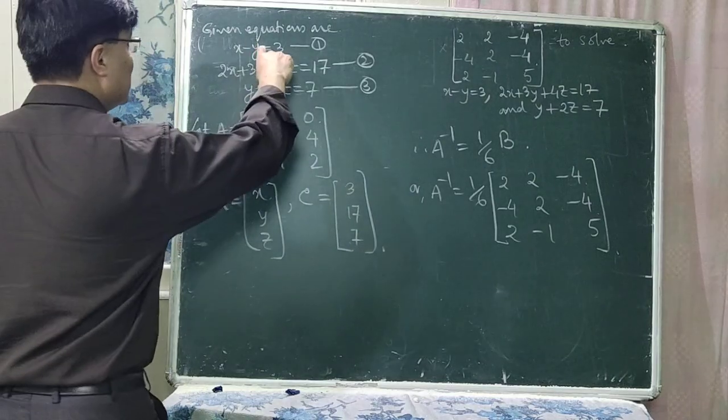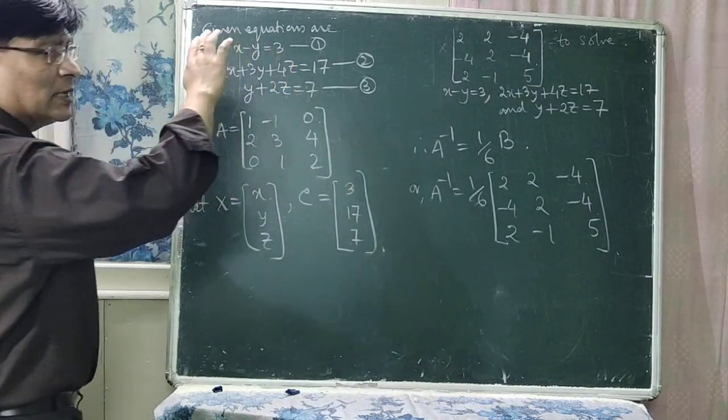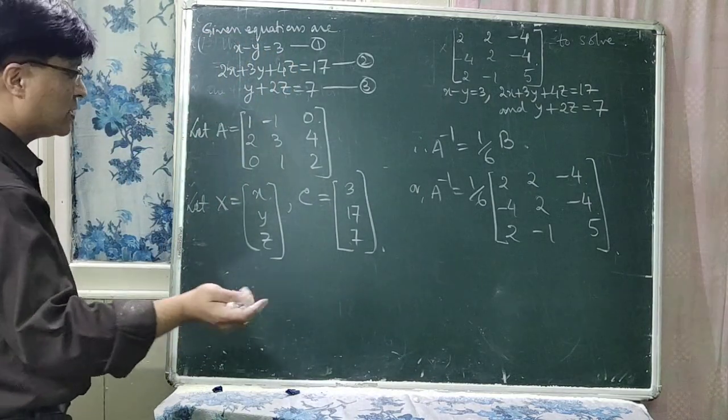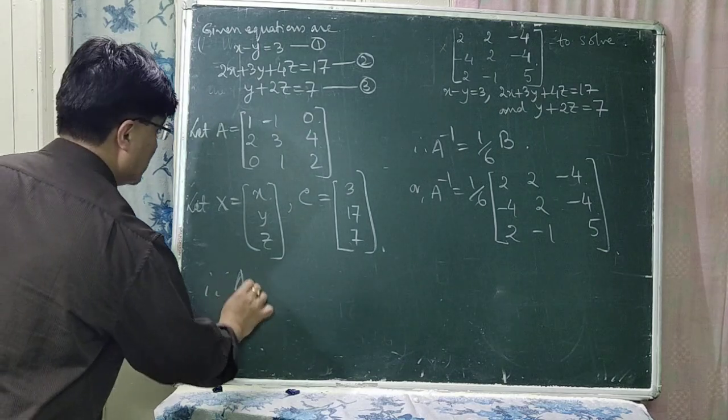Okay. So now these linear equations are converted to what? A matrix equation. What is the matrix equation here?